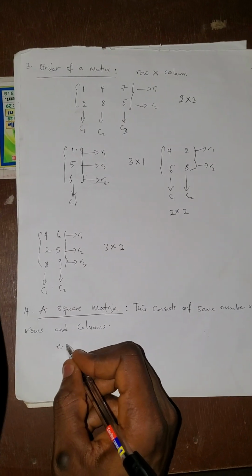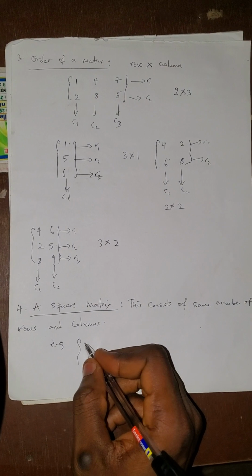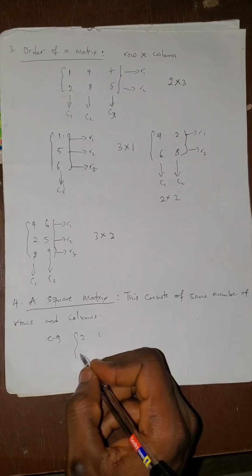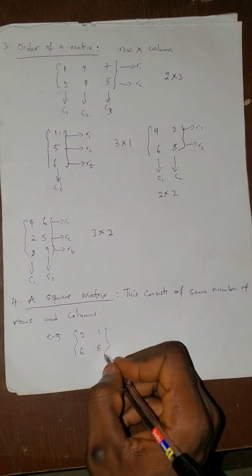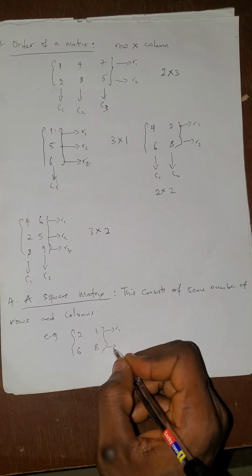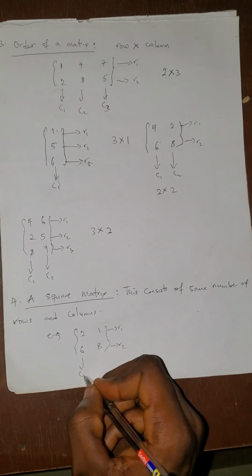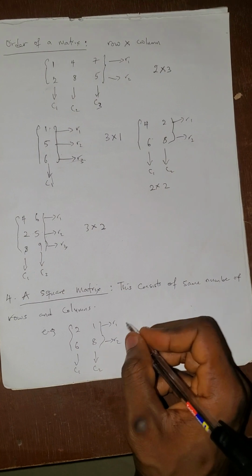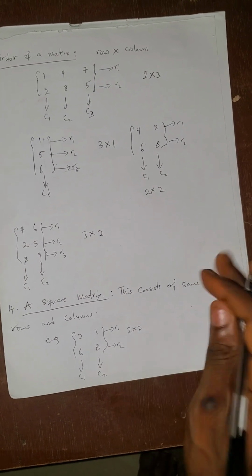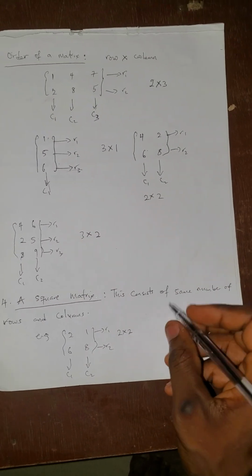For example, if you have this 2 1 6 8, we check the first row, the second row, the first column, the second column. So this is 2 by 2. We call it a square matrix.